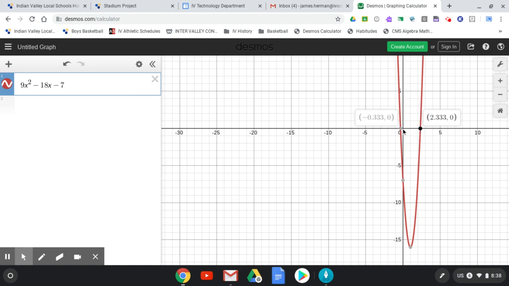Look at that. Look at that. And look at that. I can find out that same information by using Desmos.